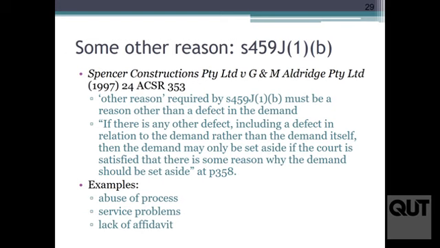Examples falling within this are abuse of process, a lack of an affidavit, or service problems, but not a defect in the demand. Now, under paragraph B, you don't need to show substantial injustice. So in summary, the debtor company needs to challenge the demand under section 459G, and they can only do it on the basis of the reasons under section 459H or under section 459J.